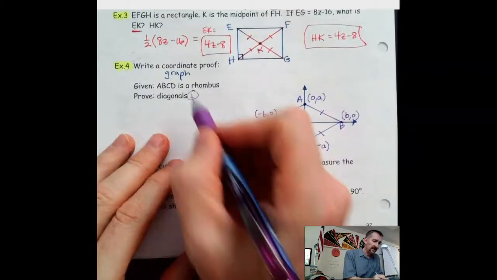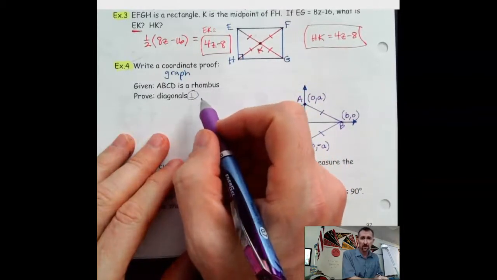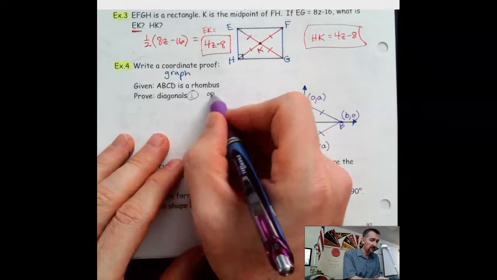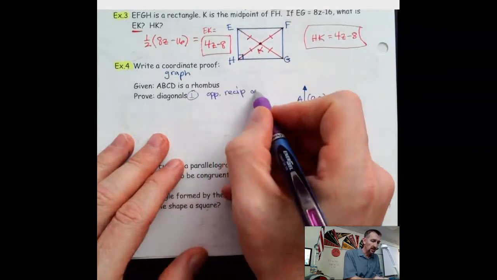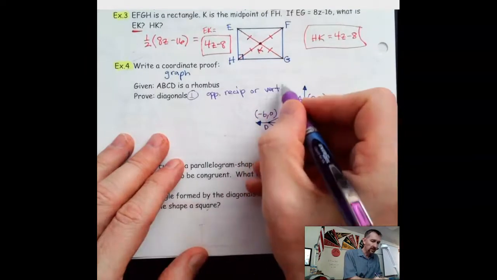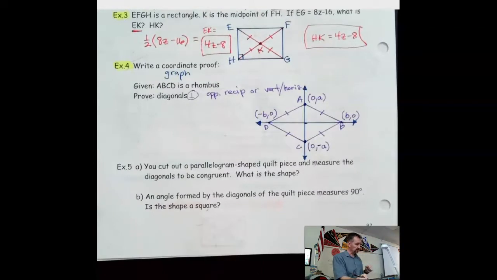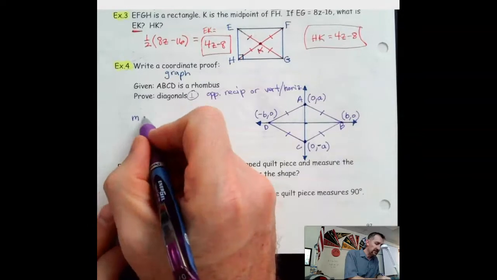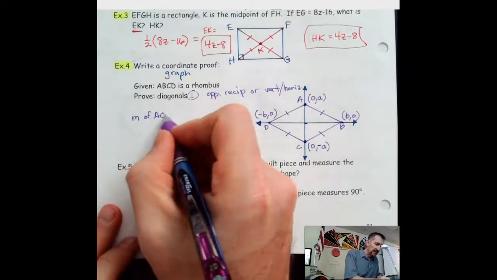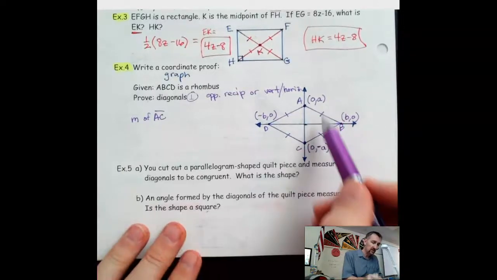Okay, so if we have diagonals perpendicular, if you think about a graph and you're talking about perpendicular, we're talking about opposite reciprocals, or vertical and horizontal. Vertical and horizontal are perpendicular also. So, if we look at the slope of segment AC first, we're going to have the change in y.